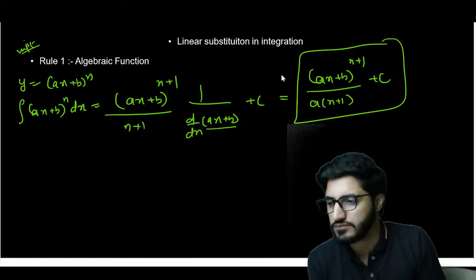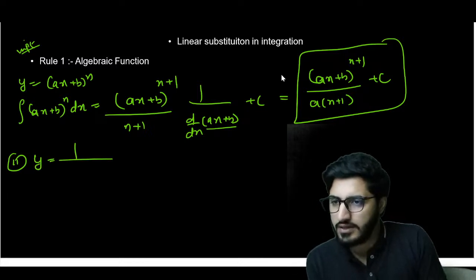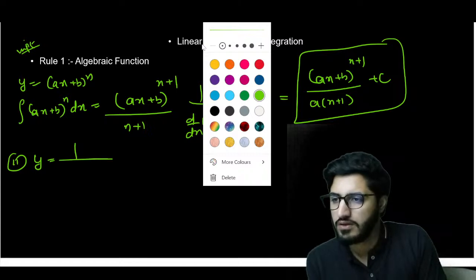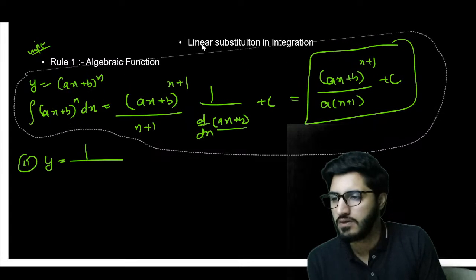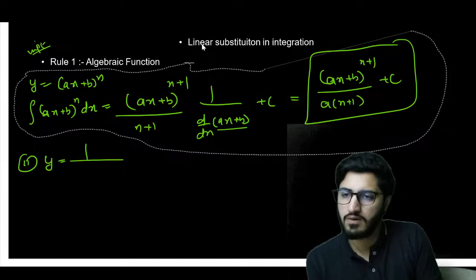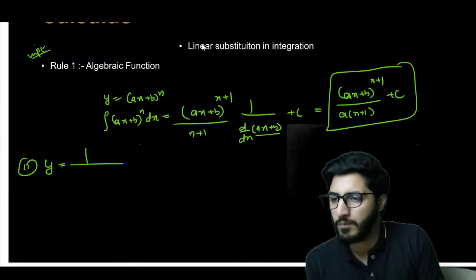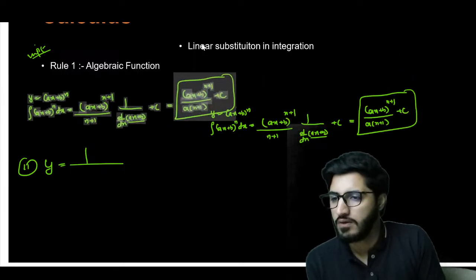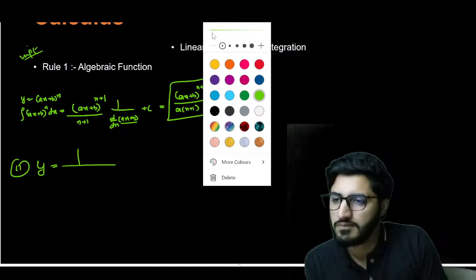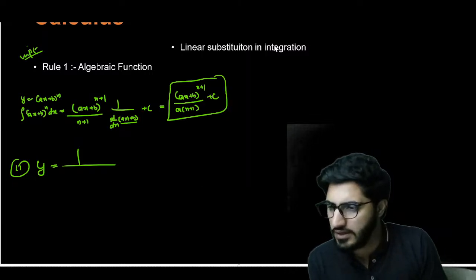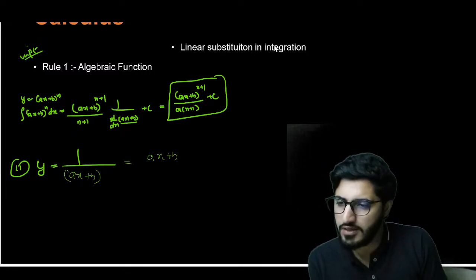Second, if we are having y equals 1 divided by ax plus b, you can write it as (ax plus b) power minus 1.